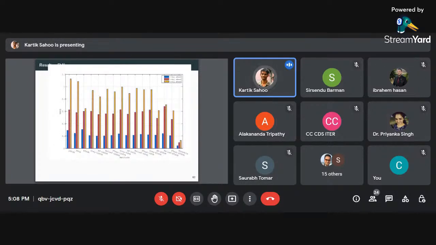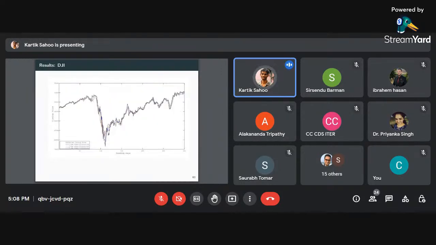So here are the results. We can see that the root mean square error tells us that the ensemble technique is performing better than all of the techniques. This is the price forecasting result for 1 day, that is the blue line, and 3 day that is the green line, and the red line is the 5 day forecasting.